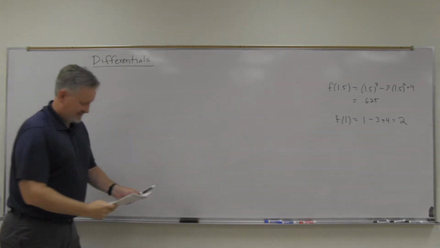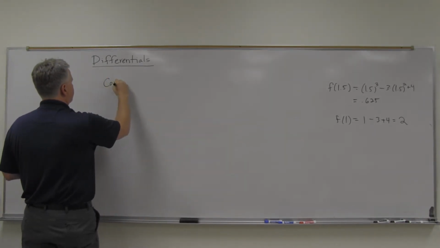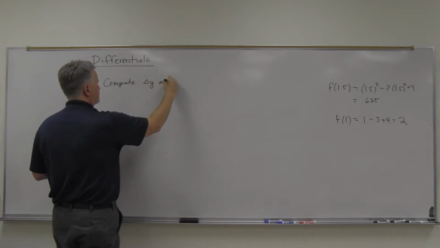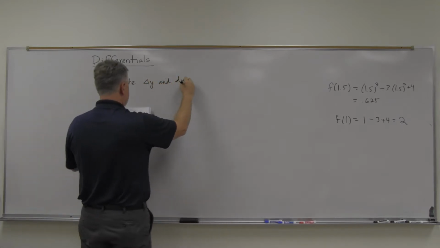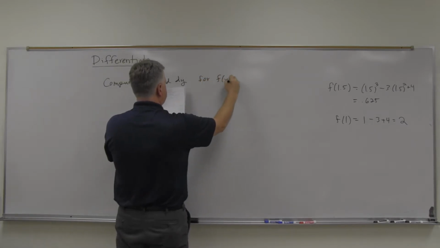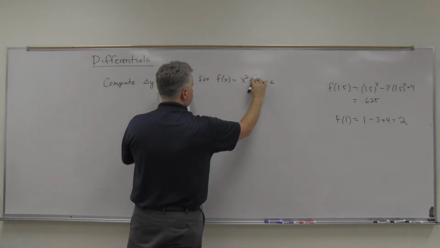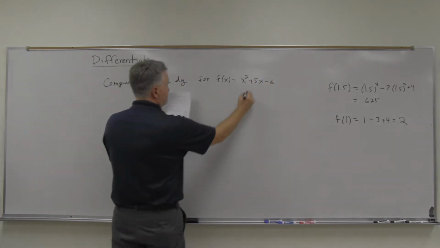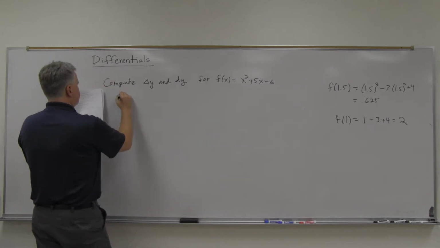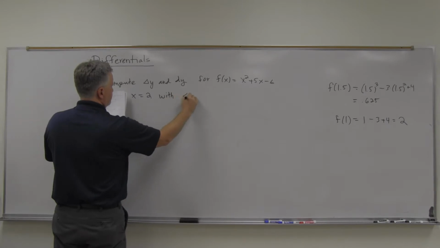All right, so compute delta y and dy for f of x equals x squared plus 5x minus 6 at x equals 2, with delta x equals 0.1.